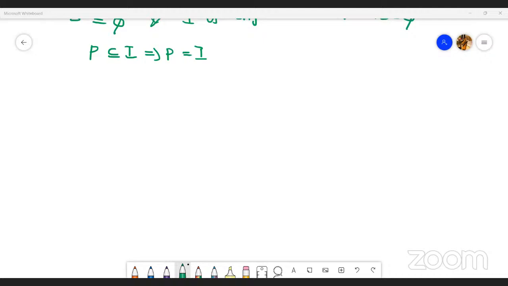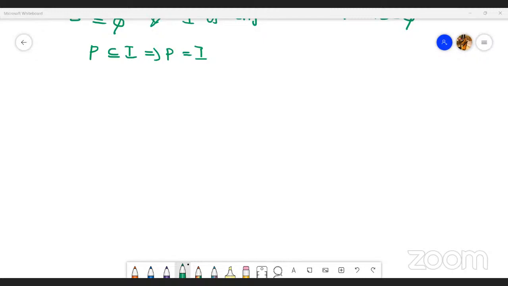So an ideal P of R is prime if and only if its complement R minus P is multiplicatively closed. You have to make a note of it. This is what I explained and I have written on the board also.